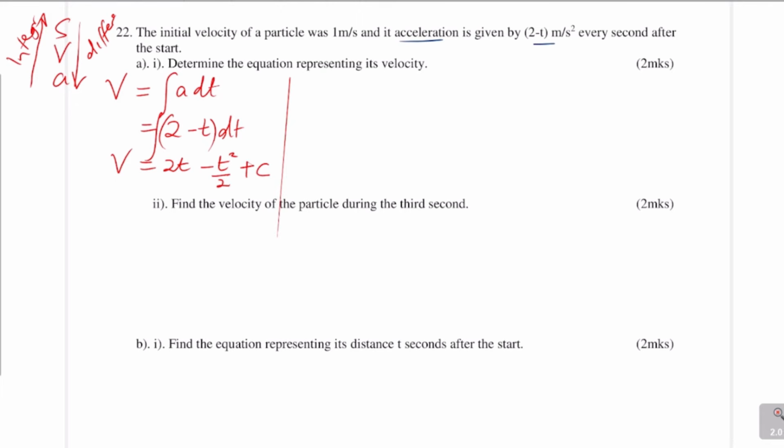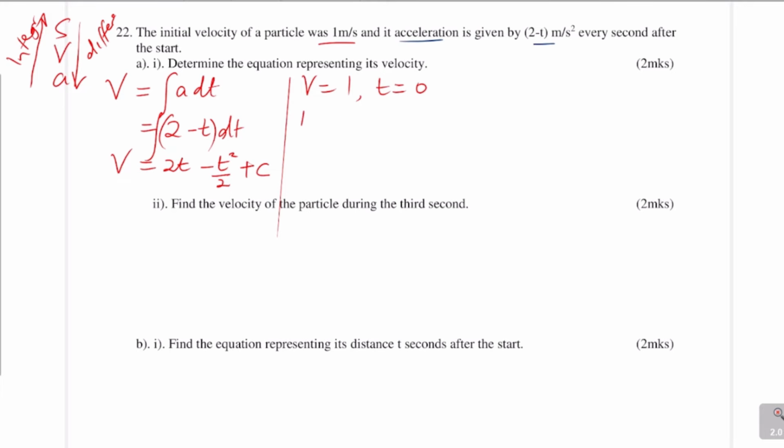Now after that, you need to get the constant of integration, and because you have been given the initial velocity, the initial velocity is 1, and at initial velocity, time will be 0 seconds. So you substitute v equals 1 and t equals 0 in this equation for velocity to get c.